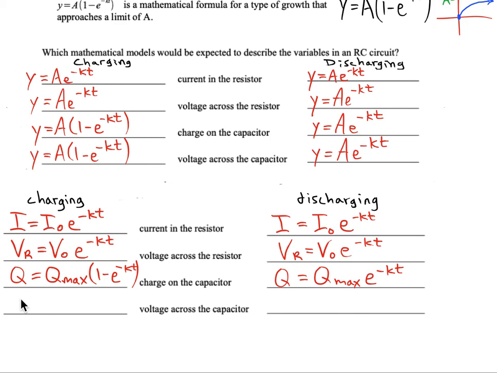For voltage across the capacitor, that's something that's going to build up over time. It'll build up to a maximum voltage, which is V max. But when we're discharging, we'll start off at that initial V max, and it'll lose the charge over time.